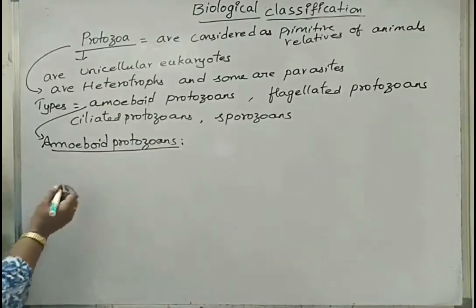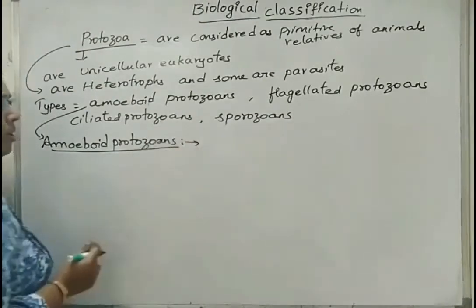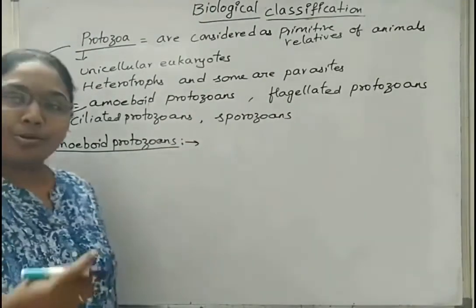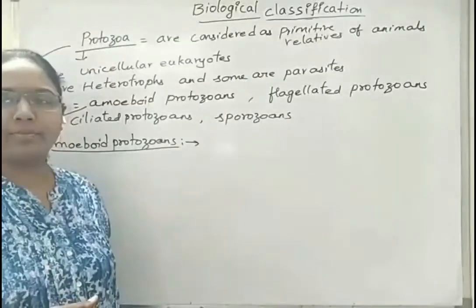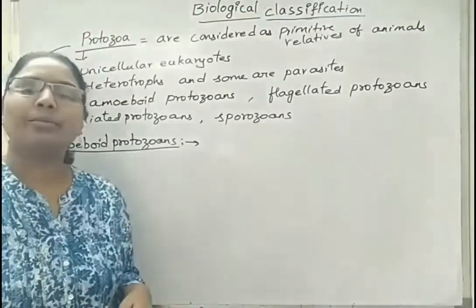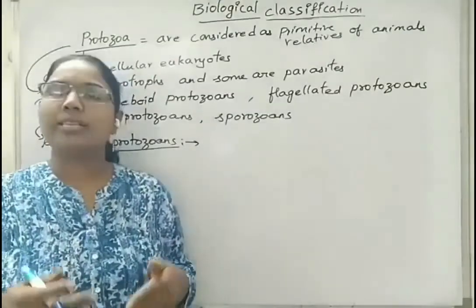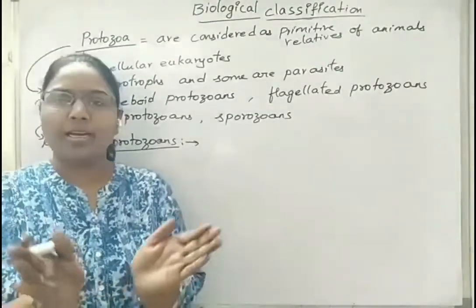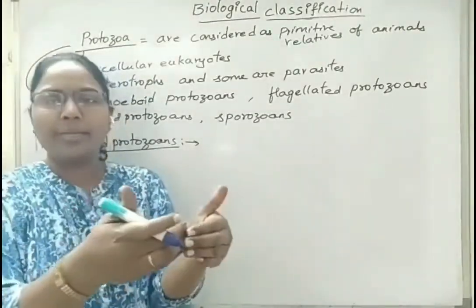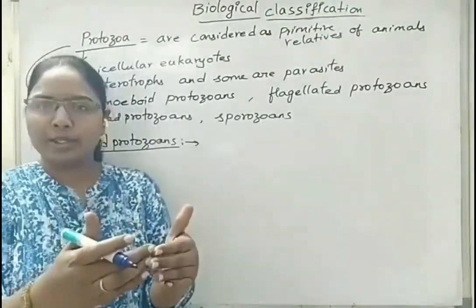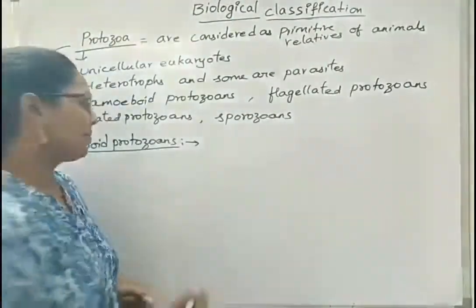Their locomotory organs are pseudopodia. The mode of nutrition is holozoic. Holozoic means they protrude their pseudopodia around the food material and form a food vacuole inside their body.